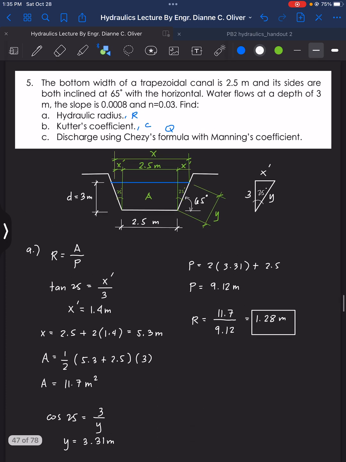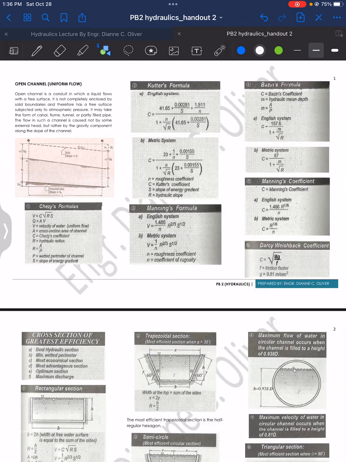Now for letter B, the Kutter's coefficient. So what is the Kutter's coefficient?